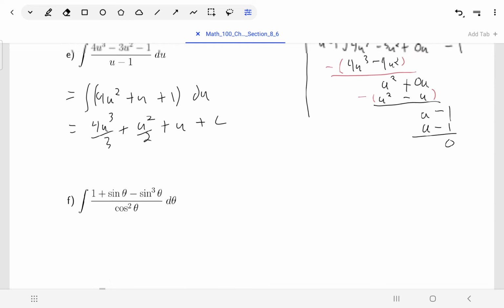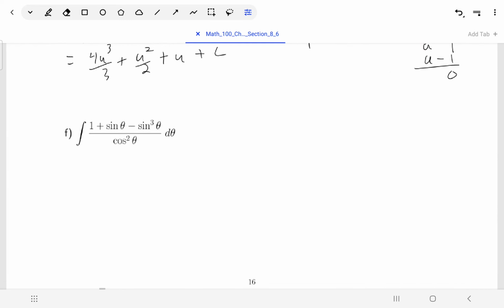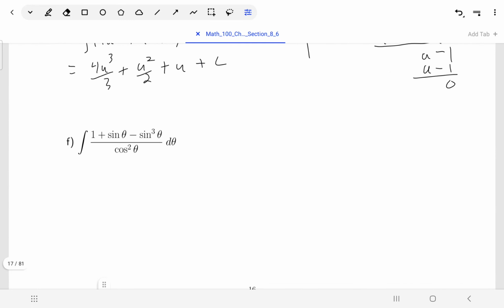Last one on the bottom, and this is one where I'm going to have to do a little bit of thinking about it. If I start thinking about the option of splitting things up, because again, I've got a quotient here, I could think of it as 1 over cosine squared plus sine over cosine squared minus sine cubed over cosine squared.